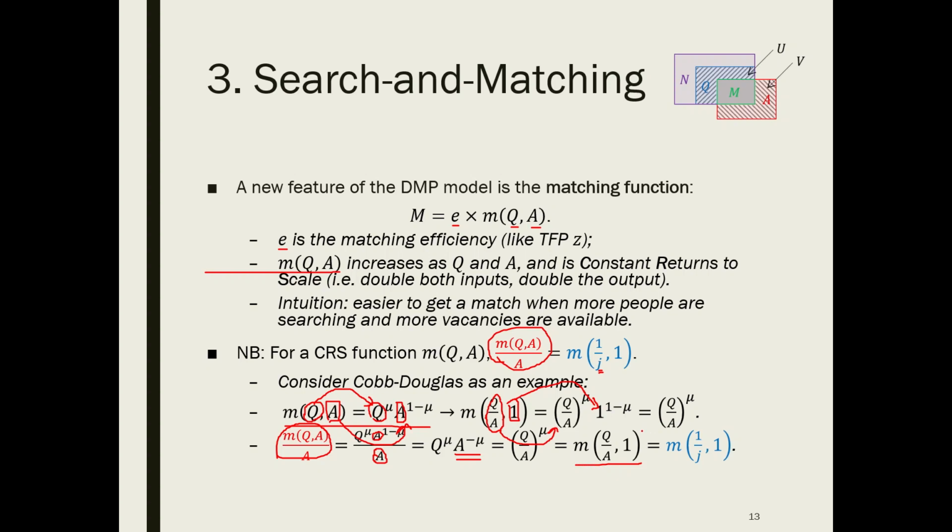The definition of J is A over Q, so we prove that M(Q, A) over A is equal to M(1/J, 1). Similarly, if we divide the matching function by Q, then it can be written as an increasing function of J. I will leave this as a practice for you to prove this second equation.